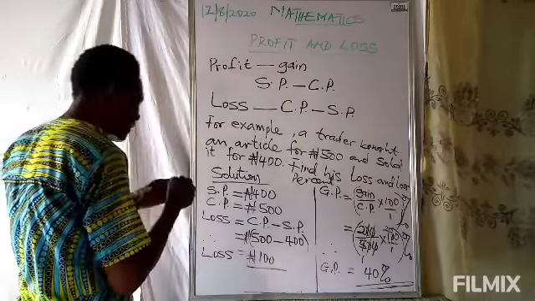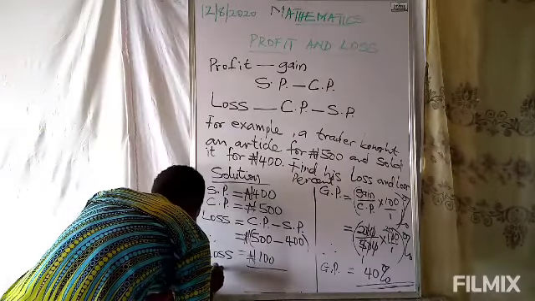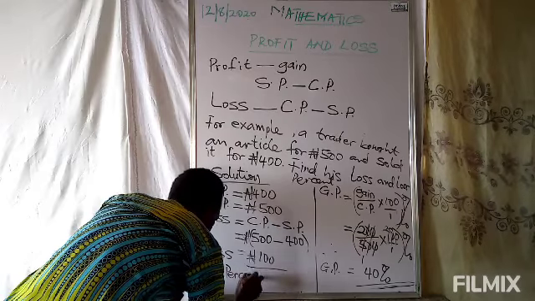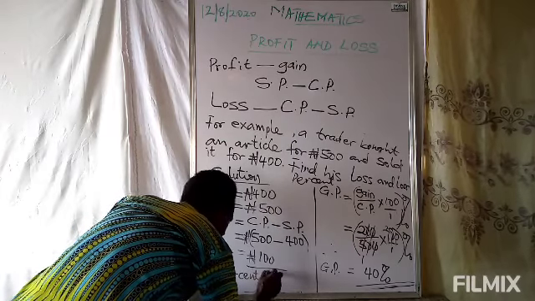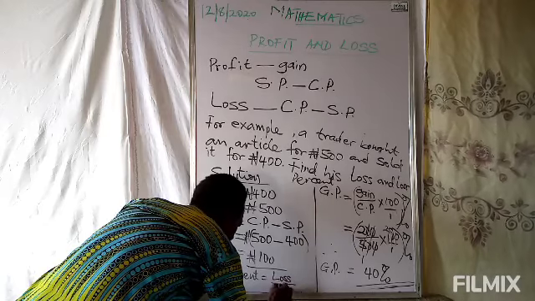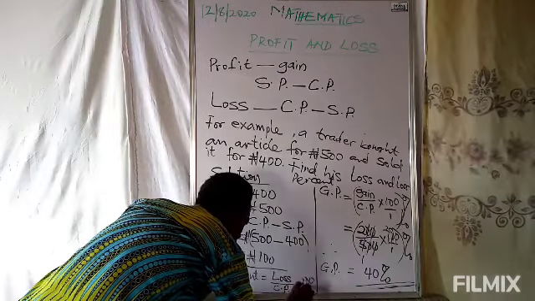Then what about our loss percent? Our loss percent is equal to loss over cost price times 100 over 1.